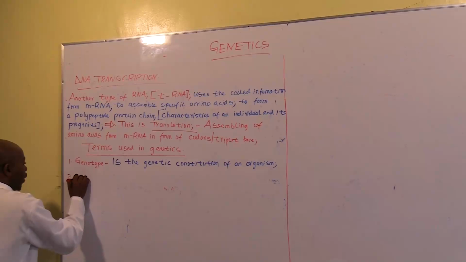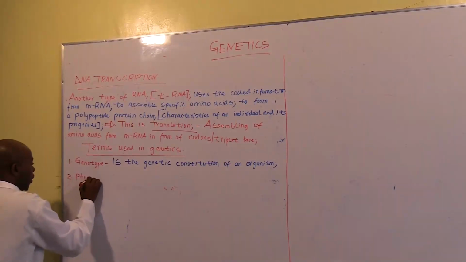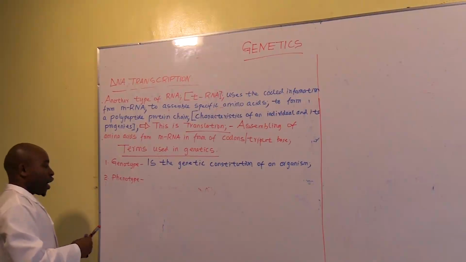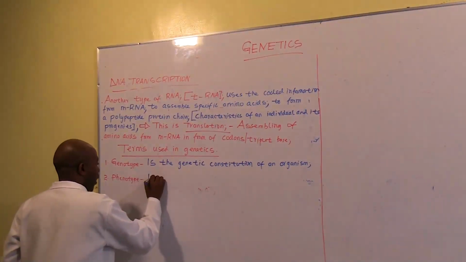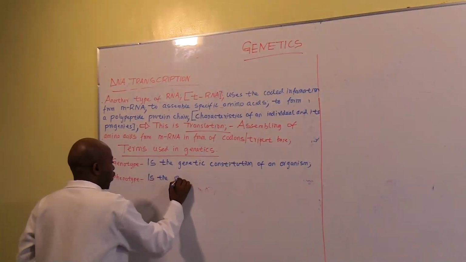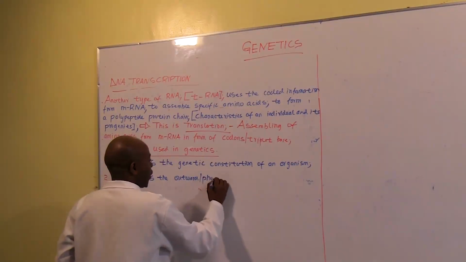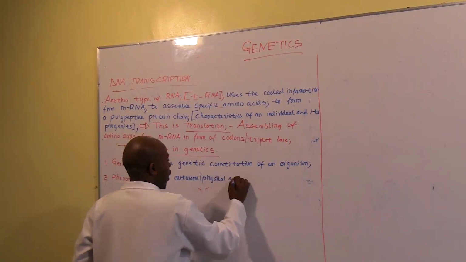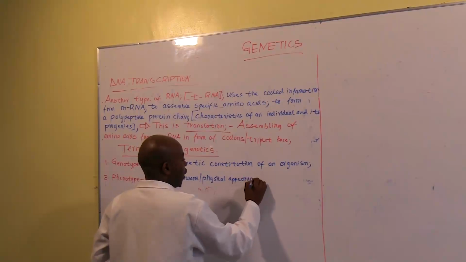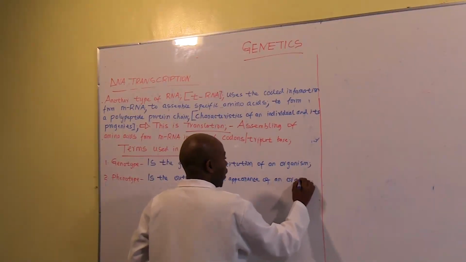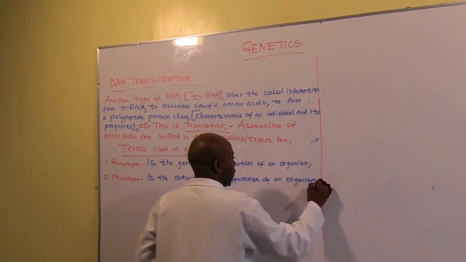Then number 2, we have phenotype. This is the outward or physical appearance of an organism.